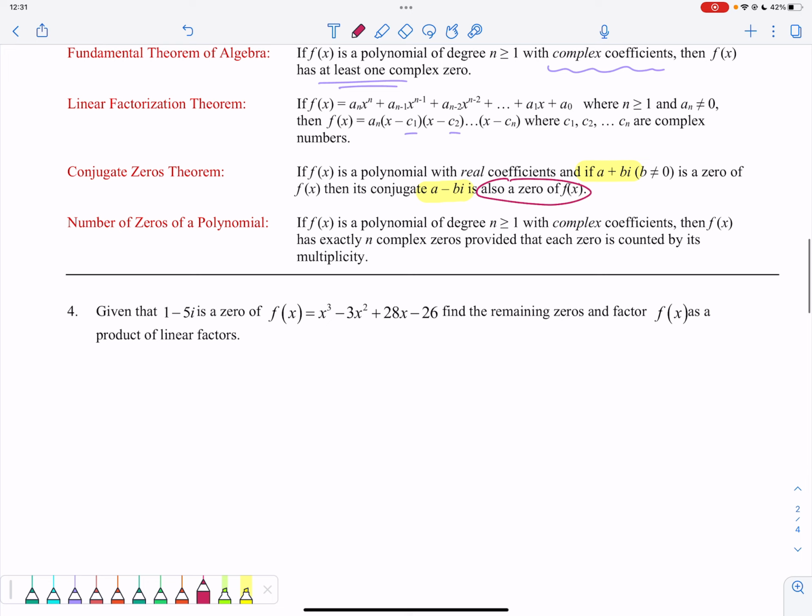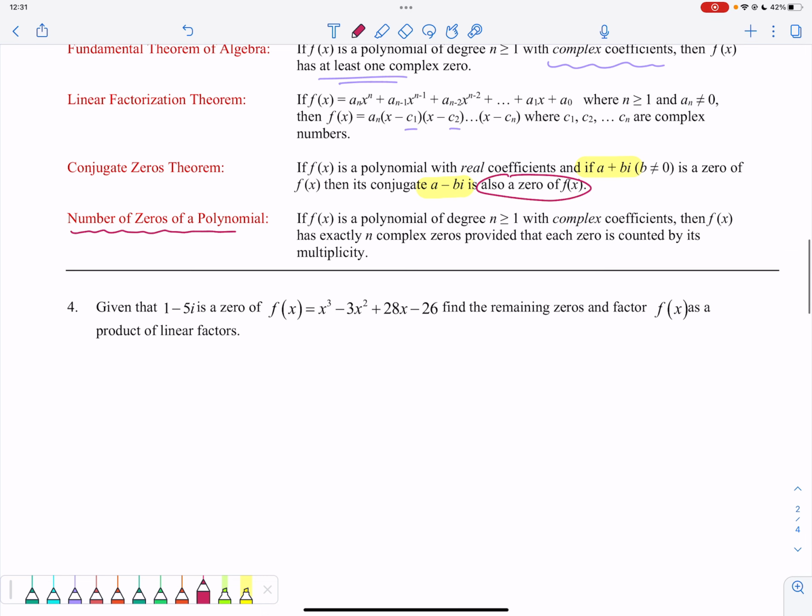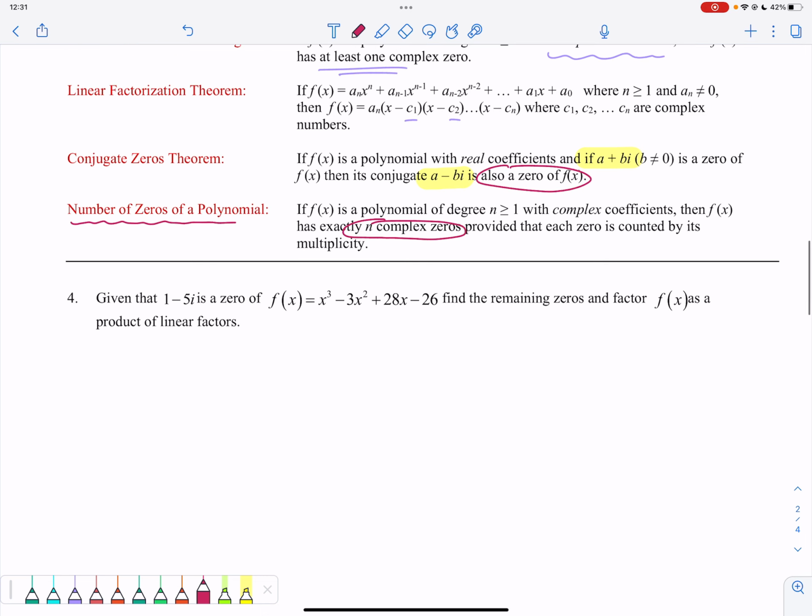Really important. And finally, the number of zeros of a polynomial is exactly equal to n complex zeros. And we do have to count the multiplicity. So let's give this a try.